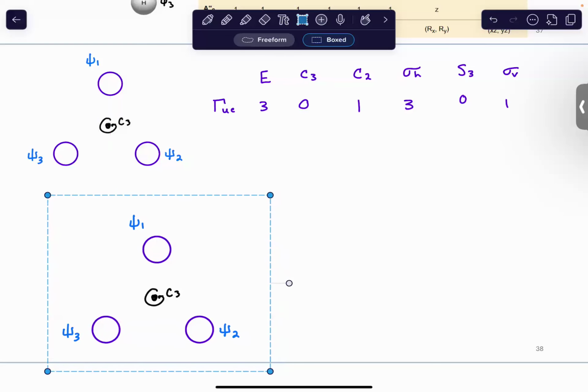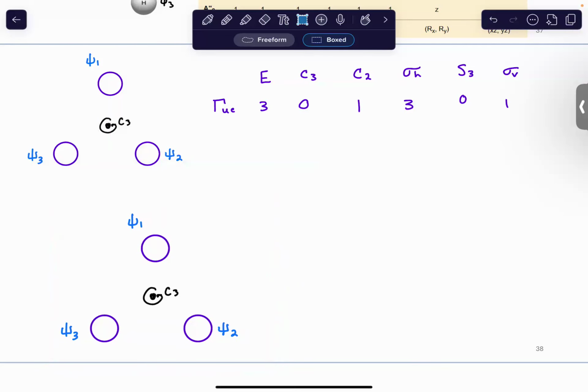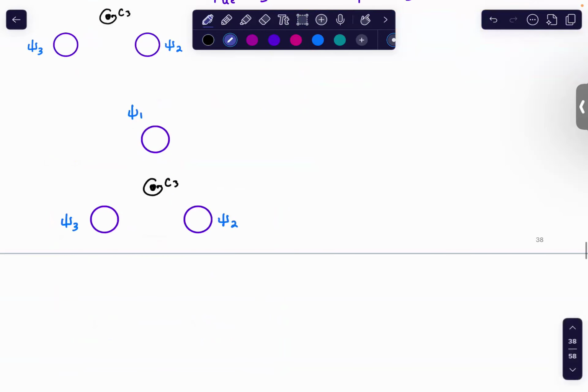Because what I want to start drawing in is, okay, so we have the C3. Each one of these we'll get a C2.